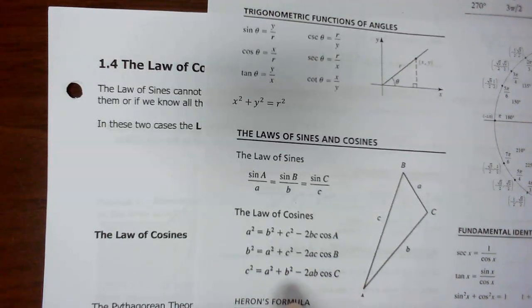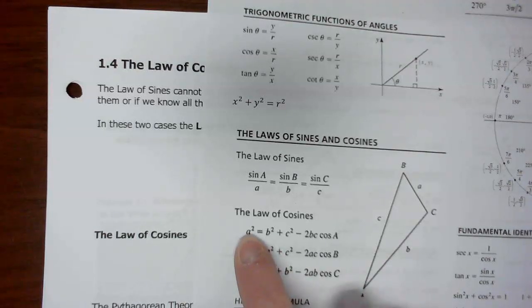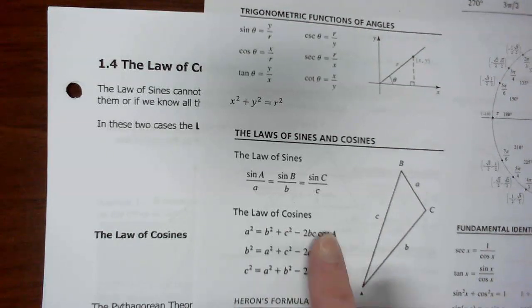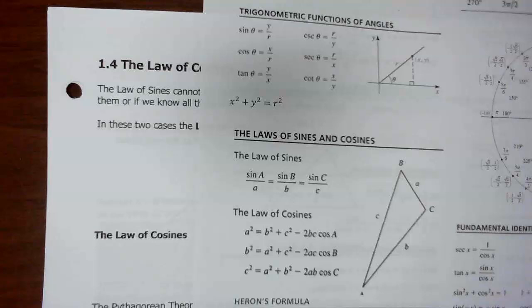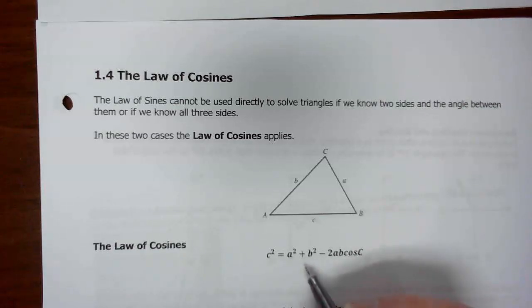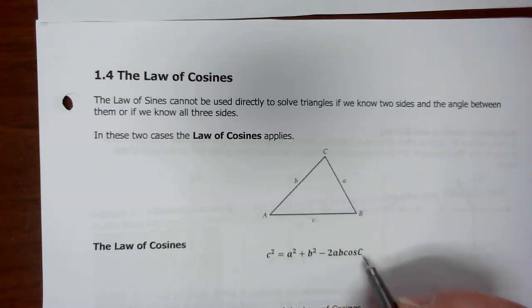So it depends on what you know as to which one you use. If you were looking for side a, you would maybe use this one. Side b, you maybe use this one. It depends on which angle you know or which angle you're looking for. So I'm going to write down all the other versions on my paper here, copied from the formula sheet. We have c squared equals a squared plus b squared minus 2ab times the cosine of the angle across from that side.